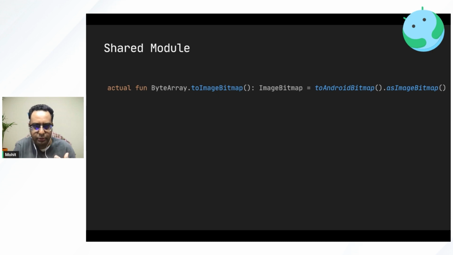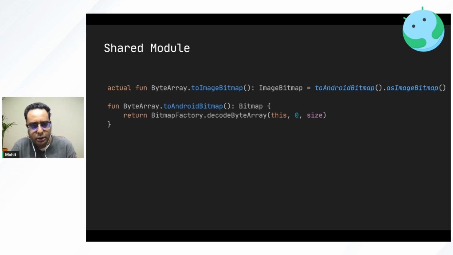You obviously don't want to do this in production. It'd be good to have an easier way, a library to do it. But this is a good illustration of how to use actual and expect for a specific use case. So now I could decode the byte array and get the bitmap.